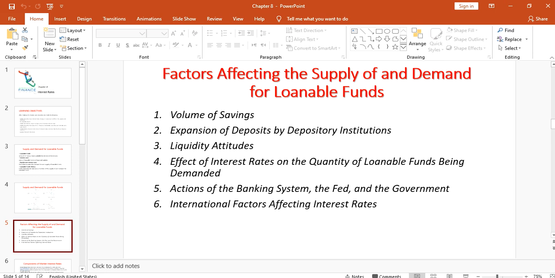That also affects the supply and demand for loanable funds. For example, because of lack of liquidity in 2008, there was no loanable fund in the market at all. Even for high prices, even for 20%, you couldn't find it.